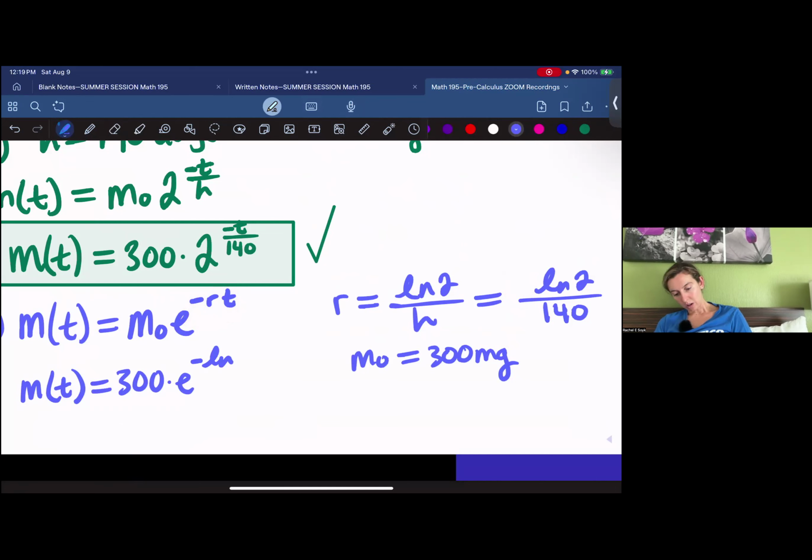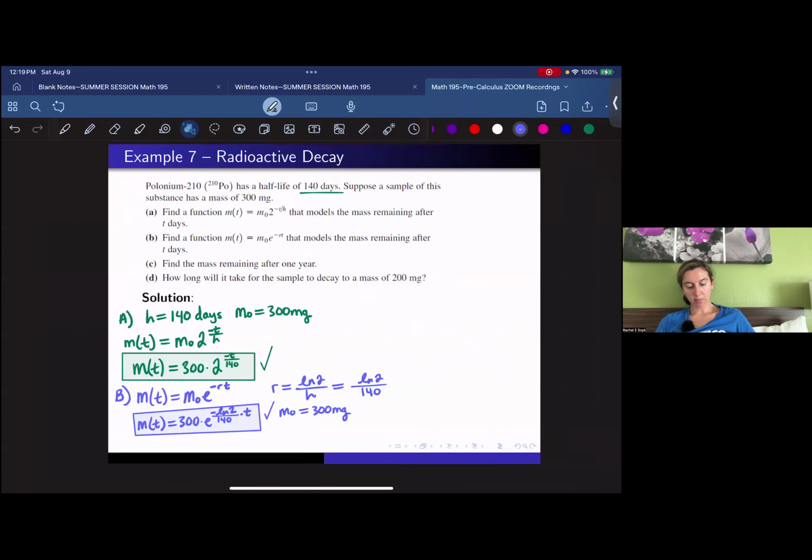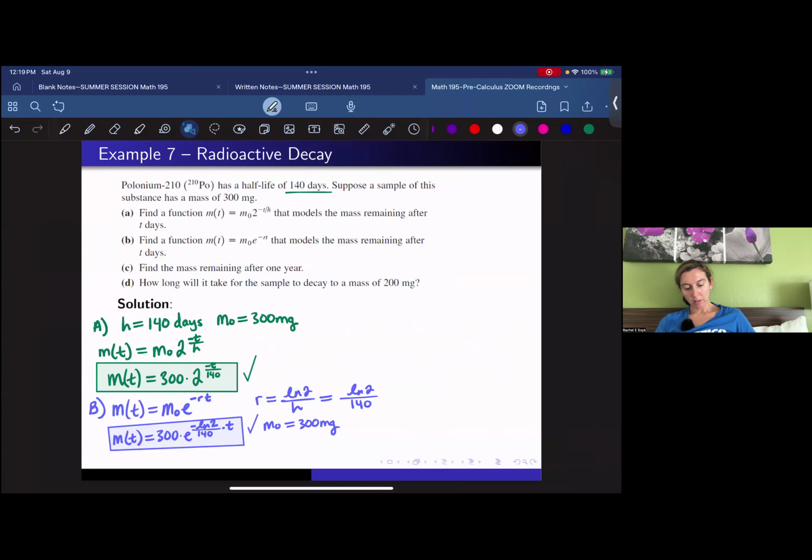So we get negative ln of 2 over 140 times our t. Okay. Almost there. We have a few more.